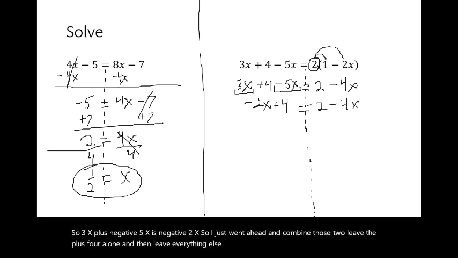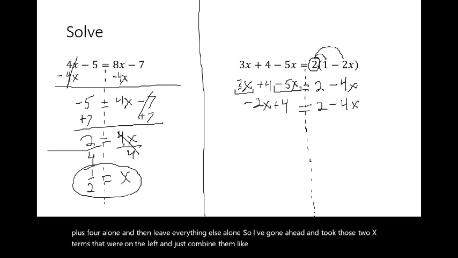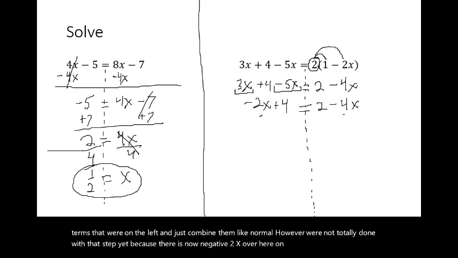So I've gone ahead and taken those x terms that were on the left and just combined them like normal. However, we're not totally done with that step yet because there is now a negative 2x over here on the left and then a minus 4x here on the right.